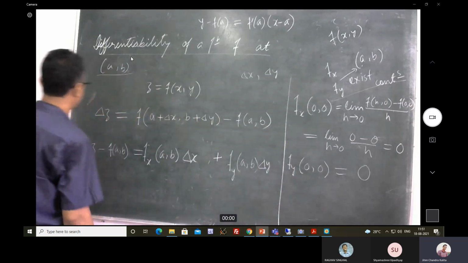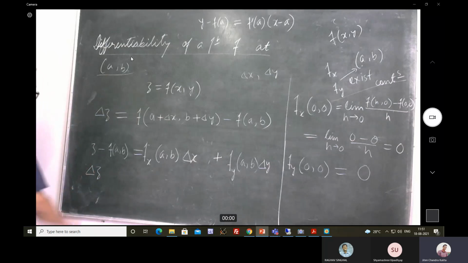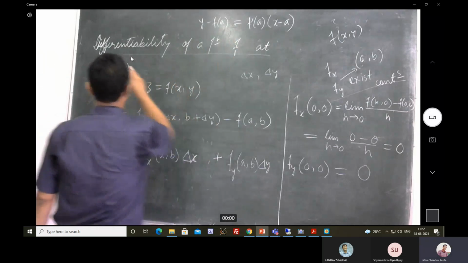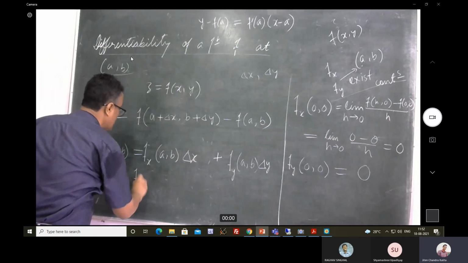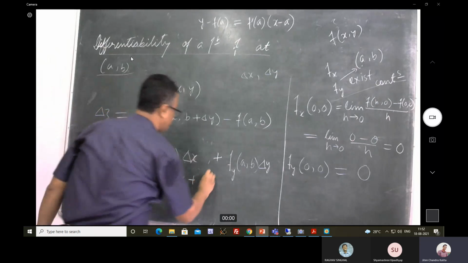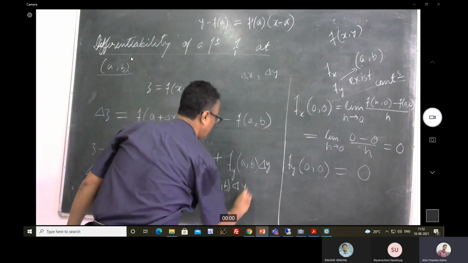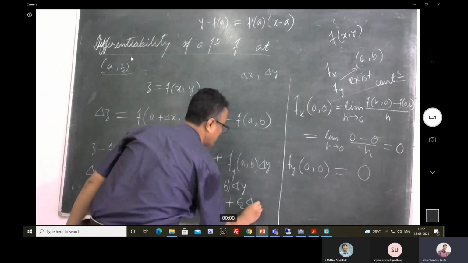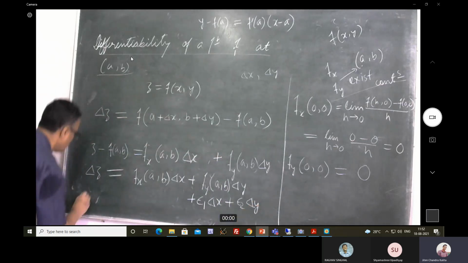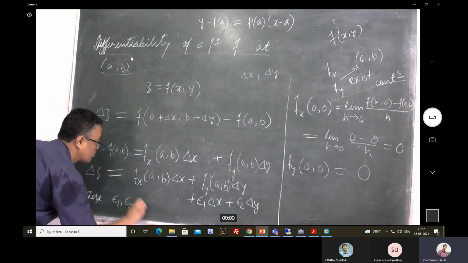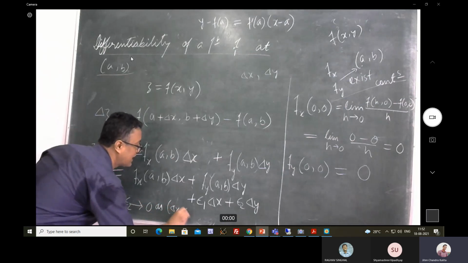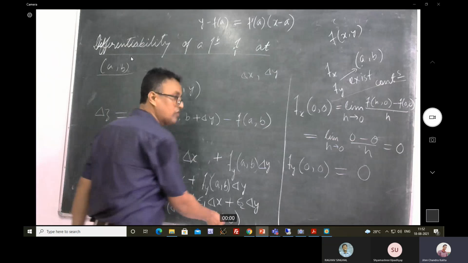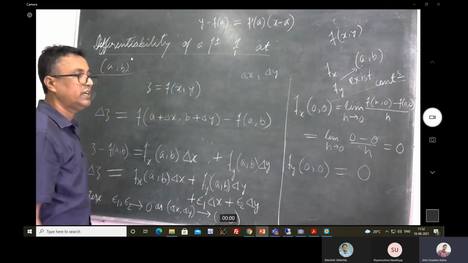As in the case of a function of one variable, we are going to say that the function f is differentiable at the point (a, b) if this happens: delta z equals fx delta x plus fy delta y, plus epsilon 1 delta x plus epsilon 2 delta y, where epsilon 1, epsilon 2 tend to 0 as delta x, delta y tend to (0, 0) simultaneously.